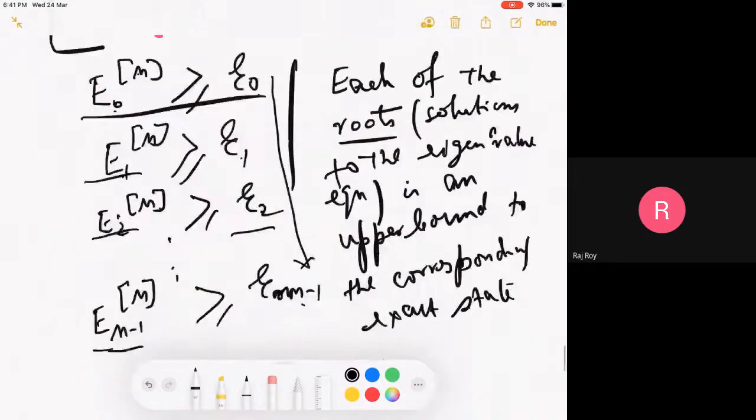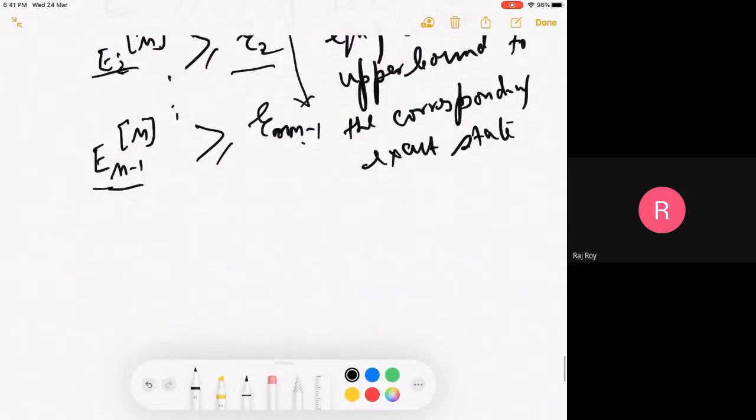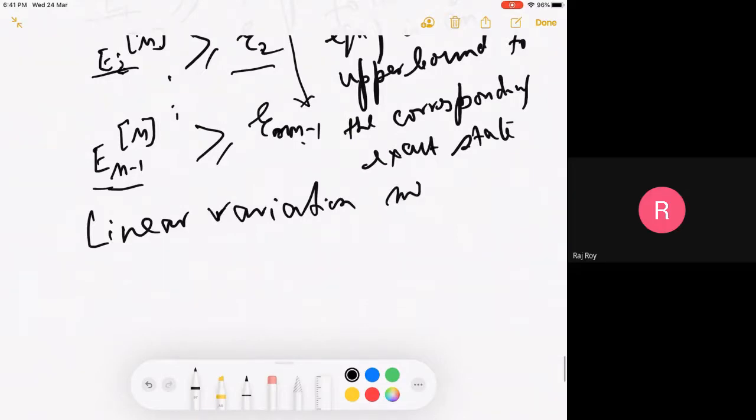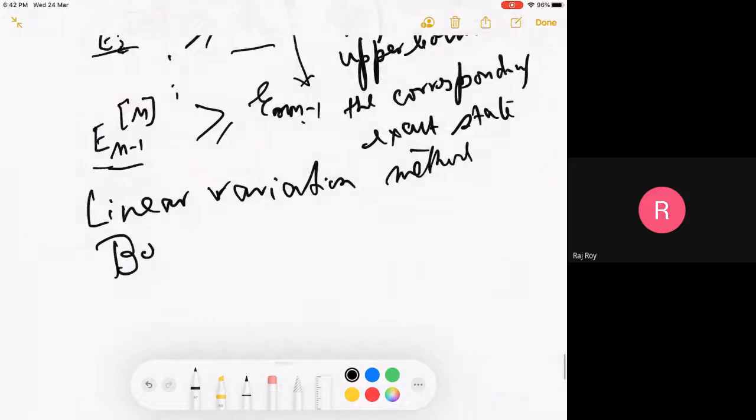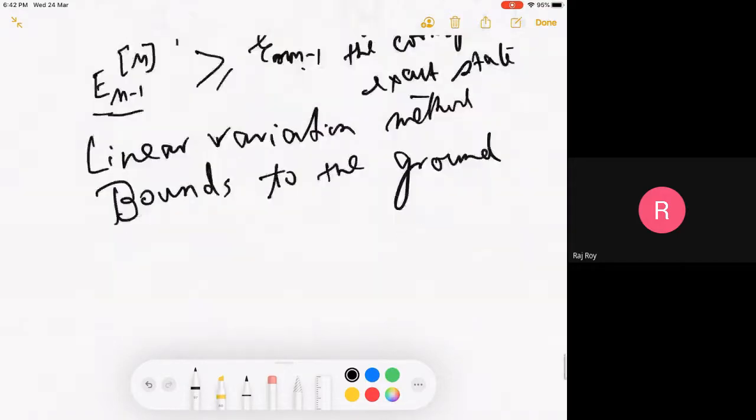And this actually tells you, for the first time in a linear variation, I am obtaining a bound, which is an upper bound, of course, to the ground as well as all excited states.